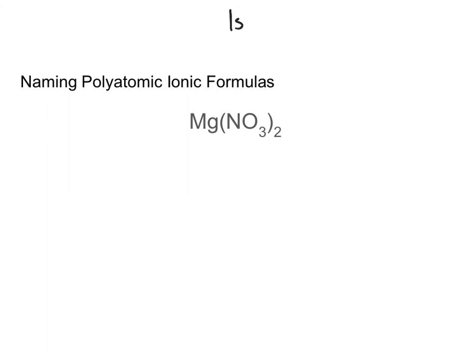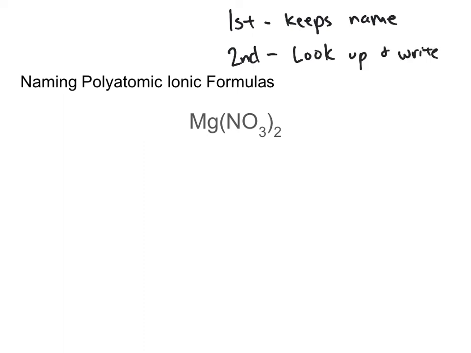The first one, it keeps its name, whatever it is on the periodic table. And naming polyatomics is easier than naming regular ionic formulas because you don't have to worry about that IDE ending. The second one, you just look it up and write it down.